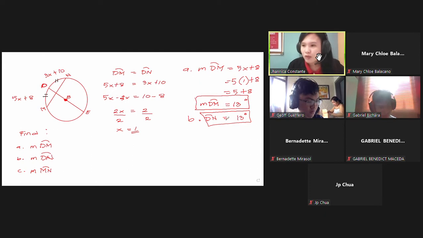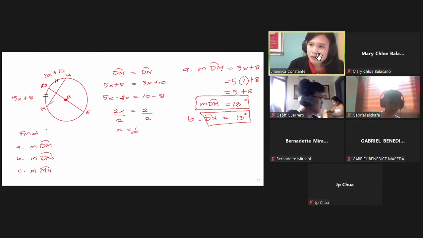Next, we need to solve for the measurement of the entire minor arc MN that we have. The measurement of the entire minor arc MN is equal to the sum of the two minor arcs that we have in our circle.